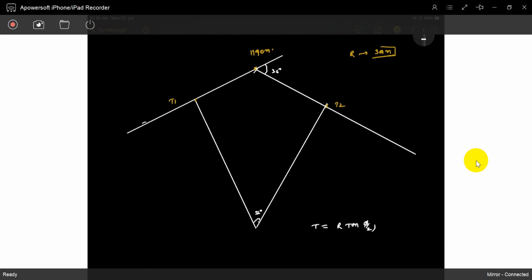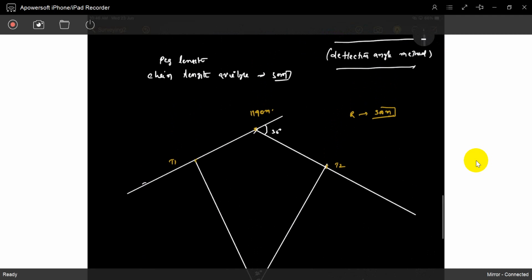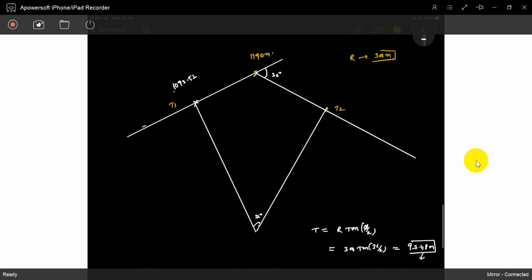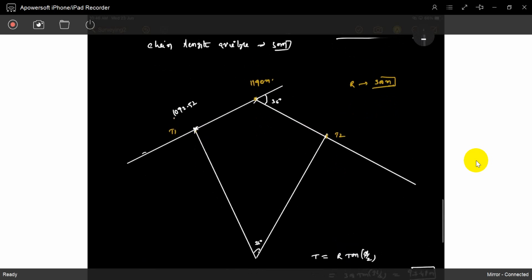So 300 tan 36 by 2 is 97.48 meters. So this point is 1190 minus 97.48, which is 1092.52. This is the point of curvature. Understood?